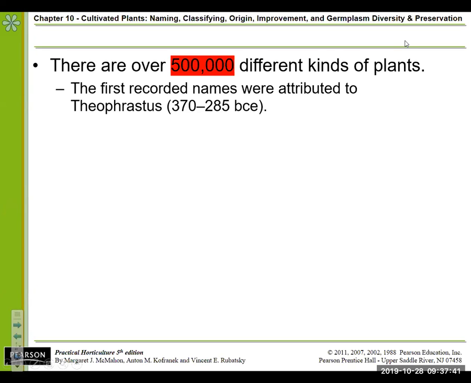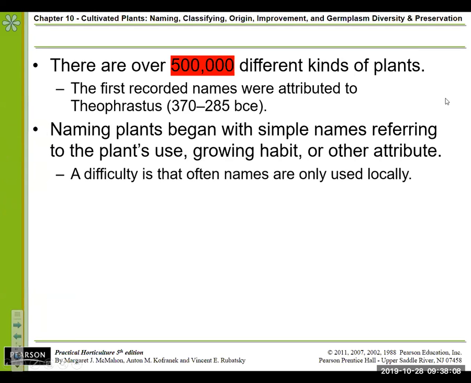And for all of recorded history, basically, we've been trying to figure out how to name the organisms around us. The first recorded names were initially attributed to the Greek philosopher Theophrastus, somewhere around 370 to 285 BC. So how do you name a plant?